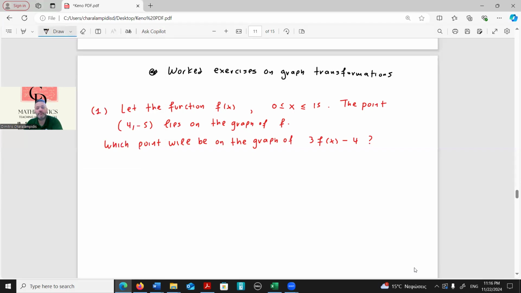Okay, here we need to have a plan. We were given a function f of x, and we were told that this transforms to 3 f of x minus 4. Point 4, -5 lies on the graph of f, and we want to see where it will move. At first, I need to describe this.